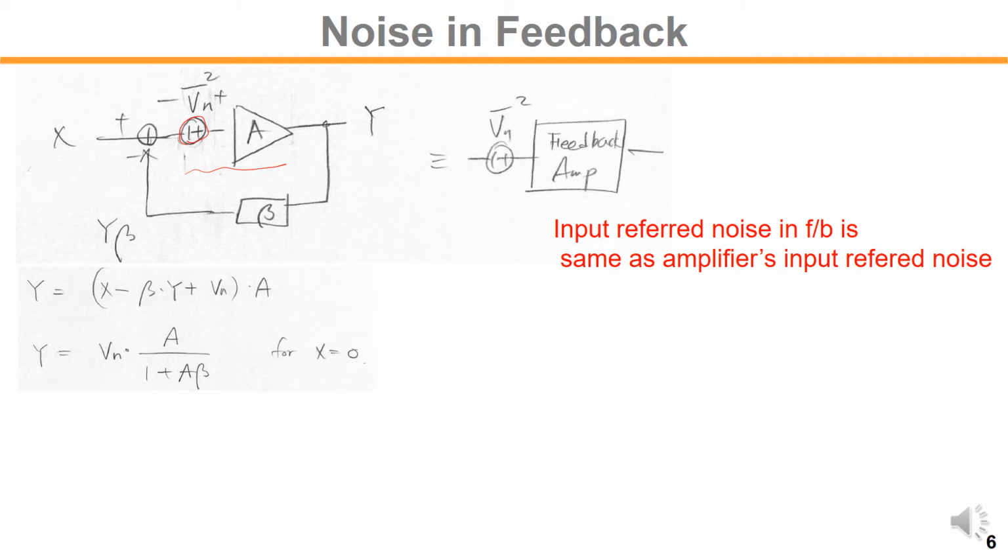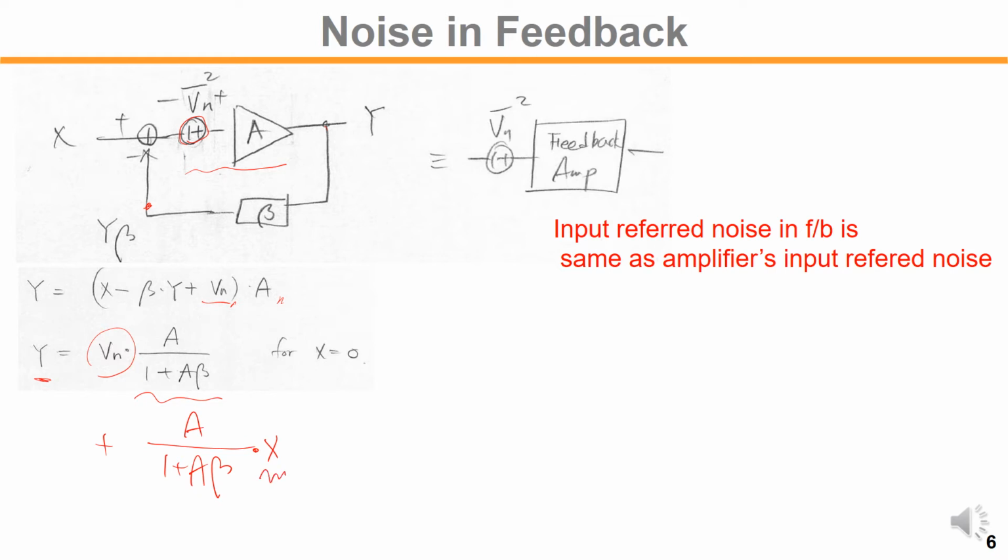So overall, y is equal to what? x minus beta y, here this is beta y, and then additional noise Vn, times A. So if you write it all down, then the noise to the output response will be like this, and this is plus x. What about x? x is again over 1 plus A beta times A, right?